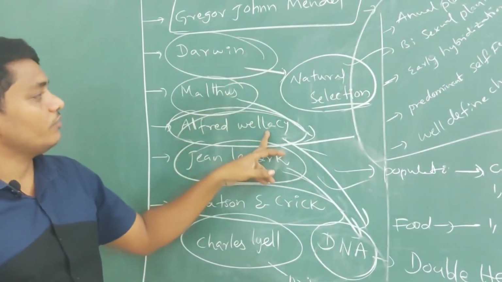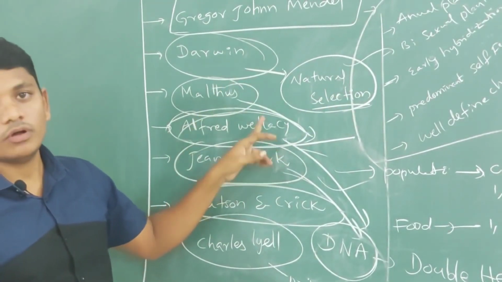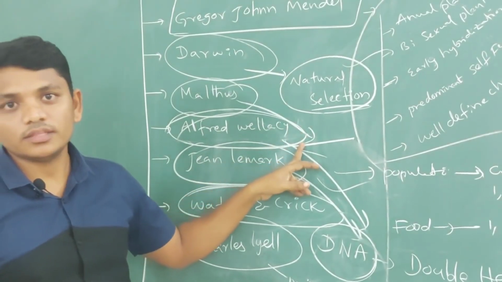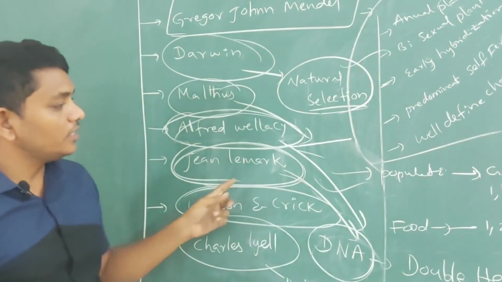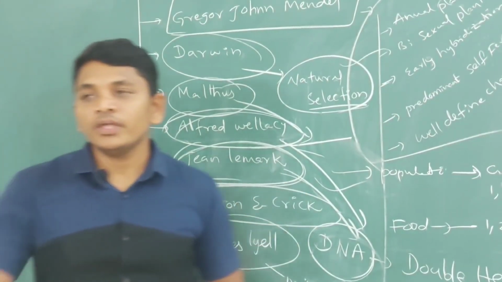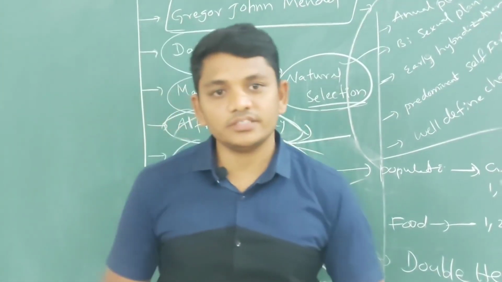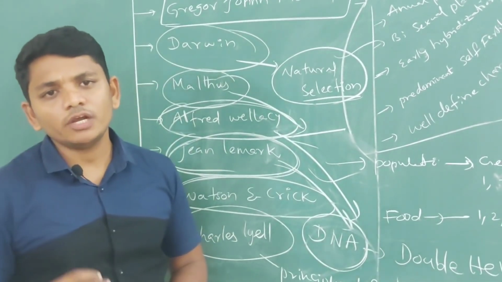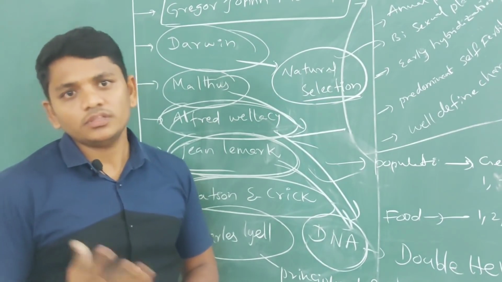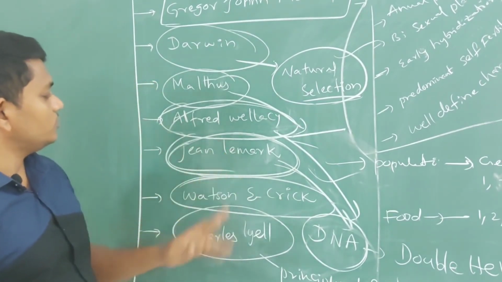Darwin and Alfred Wallace together worked on natural selection and wrote an article in the Linnean Society also. And Jean Lamarck said a theory called inheritance of acquired characters, which means the characters which we need we can synthesize, we can develop. These are the theories told by Jean Lamarck.